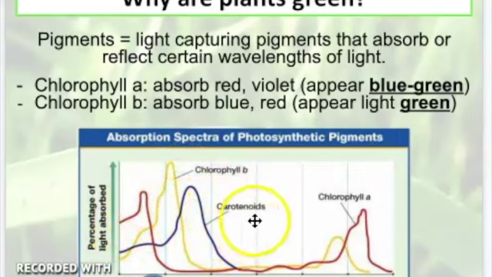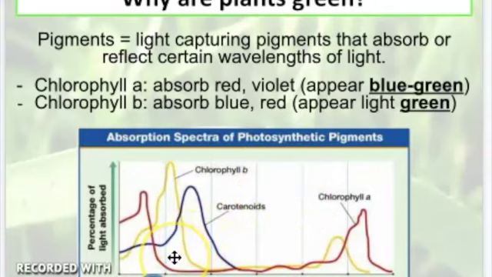Right here we have carotenoids. So that is one of those accessory pigments we talked about in video 1. I didn't go into depth, I just mentioned accessory pigments. So there are other light capturing pigments within plants, but the main two are chlorophyll B and chlorophyll A.